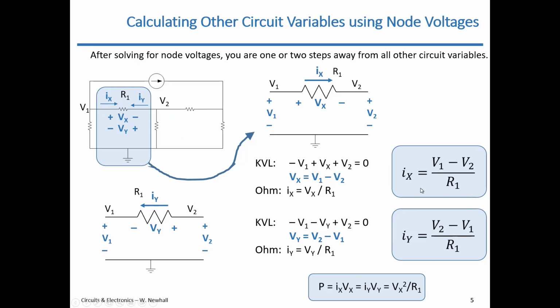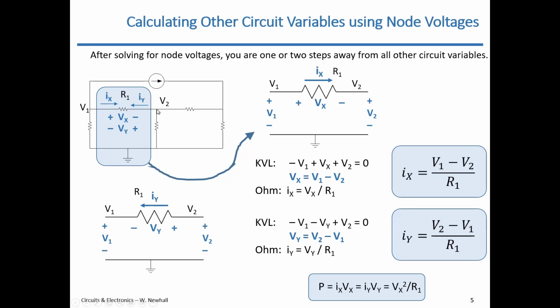But the second point I wanted to make here is the currents from one node to another node are what we're going to use in node voltage analysis. So I want to point this out here. You're going to have two node voltages like V1 and V2, and you're going to quickly, with this pattern, write a term in a KCL equation that is the current. If you want to write a term that's the current going from V1 to V2, that's going to be V1 minus V2 over R1.